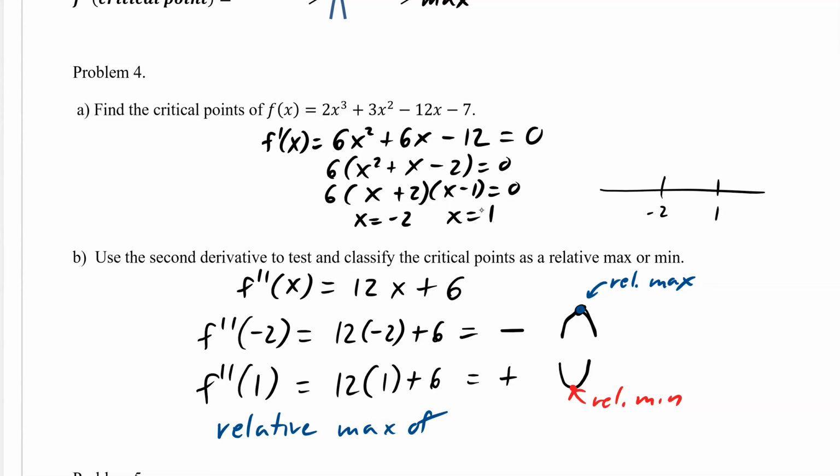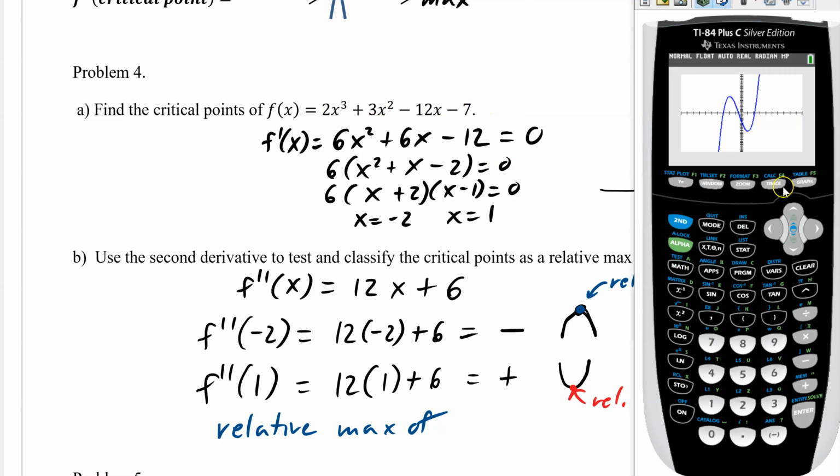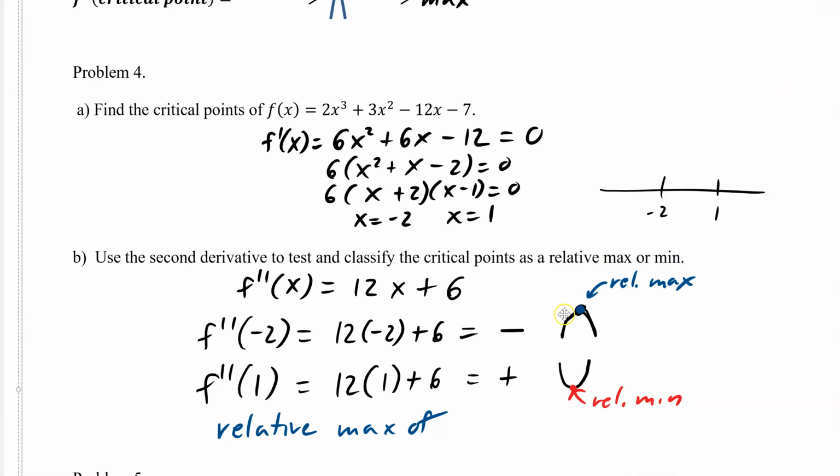So we know we have a relative max of, and now you can just take your calculator and plug -2 into the original function to find out what that y value is, but I've already got it graphed. So if I do trace -2 and hit enter, you can see that's our max. You can see at -2, it's concave down, making that a maximum. So we have a relative max at -2, 13.